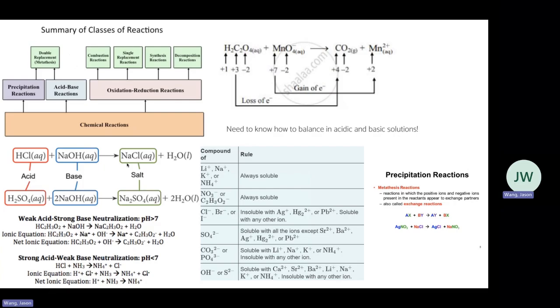So again, right here I have a list of all of the reactions. Okay. So on the top left, we have general reactions that you want to know. On the bottom left, we have how you get from an acid-base reaction, or general equation, to the ionic equation.